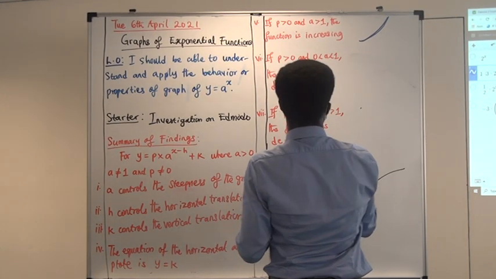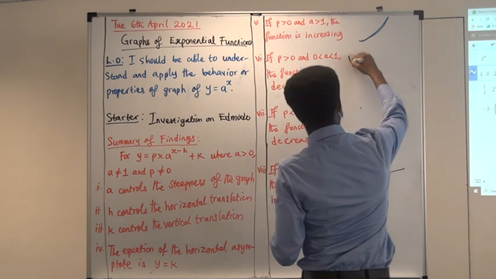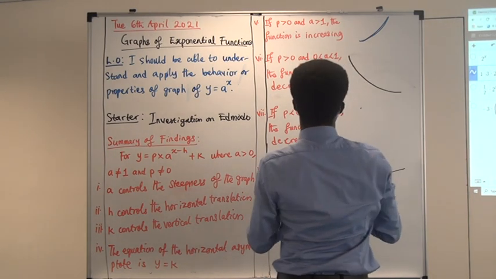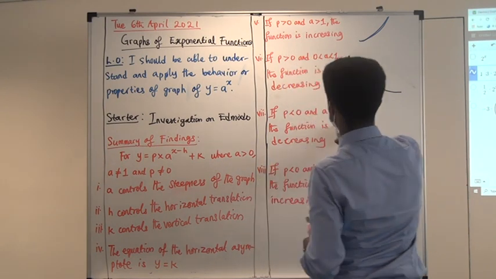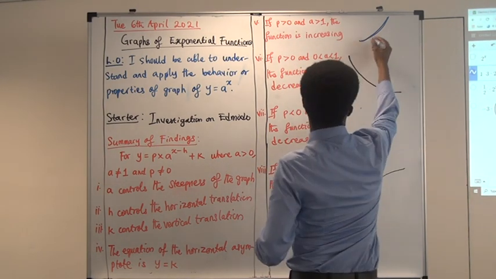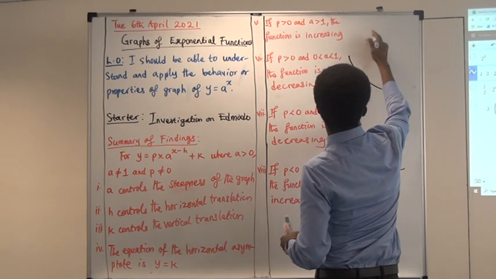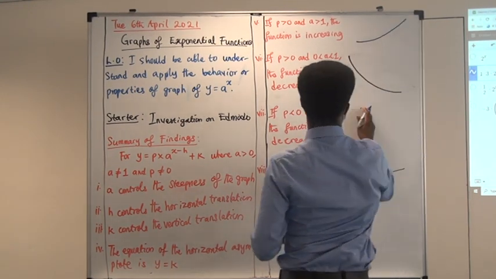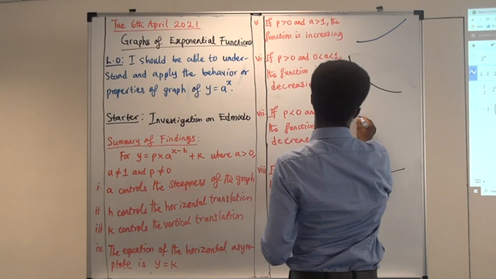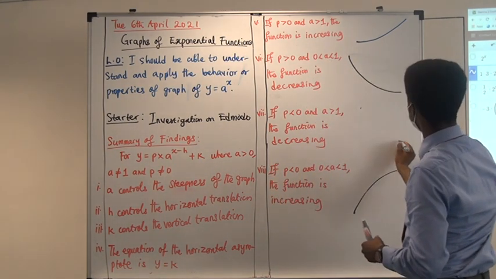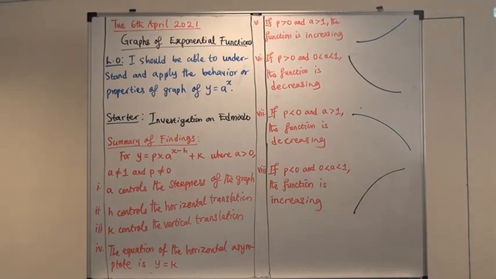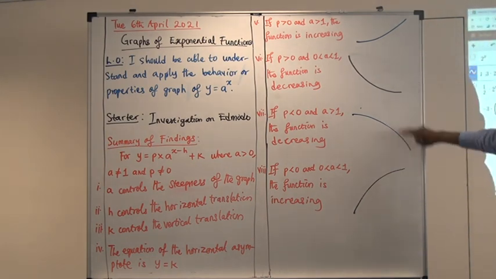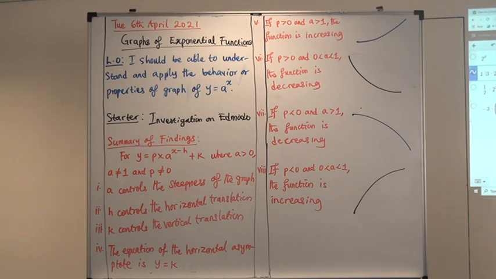Oh, I see what you mean. So which one is the flip of this? This one. If you are talking about the flip of this, the flip will look like this. My bad. Then this one is okay? Yeah, because we can see that they are flipped.